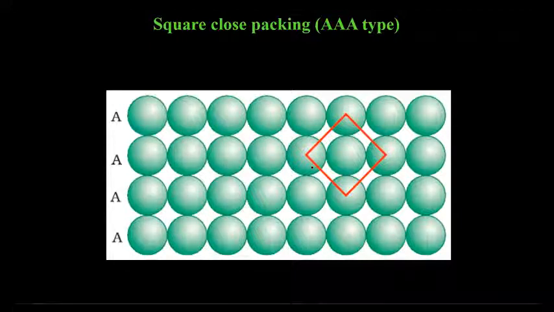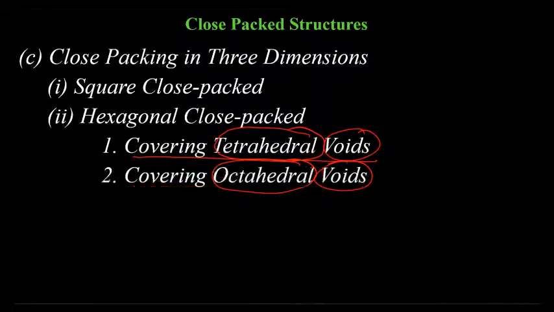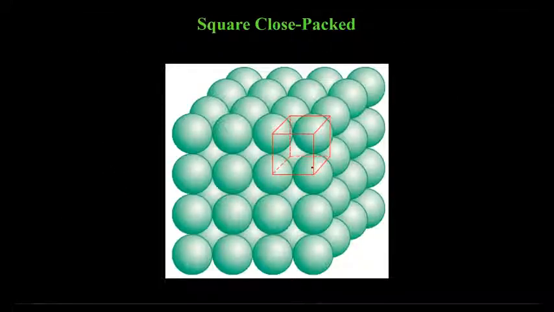So we have taken these layers and arranged them in such a way that one layer is above the other layer and all the atoms are exactly one over the other. And these form a cube. So it is a square closed pack, but a cube is actually being formed in three dimensions.